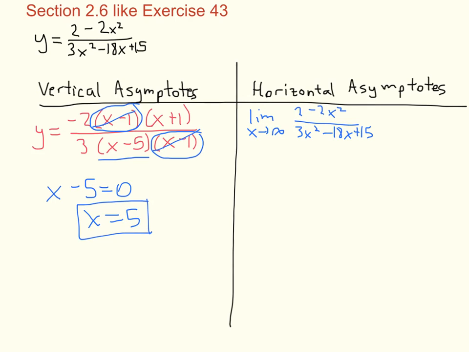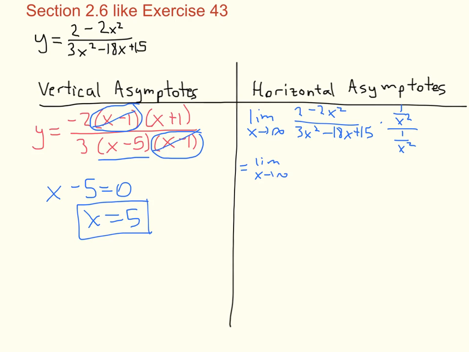And similar to what we did in our last video, in section 2.6, the way we evaluate these is we're going to multiply by 1 in a special way. We're going to take the highest power of our x's, in this case it's x squared, and multiply by (1 over x squared) over (1 over x squared). Therefore, we don't change the value of the limit because we just multiplied by 1.